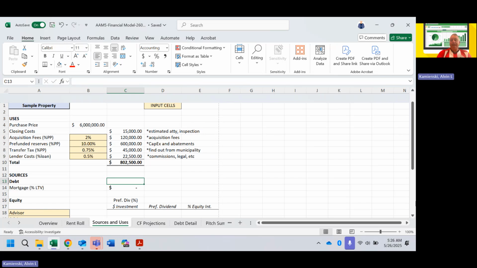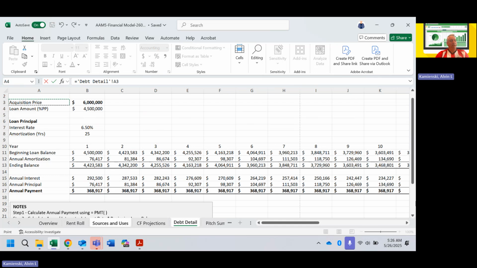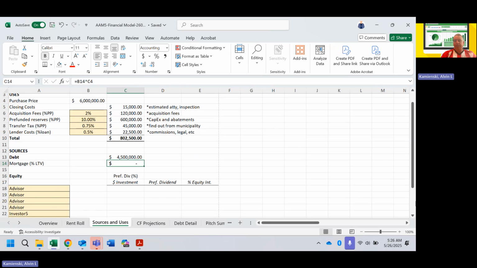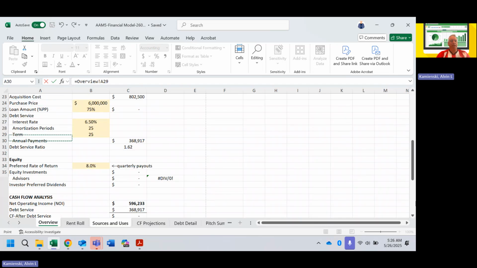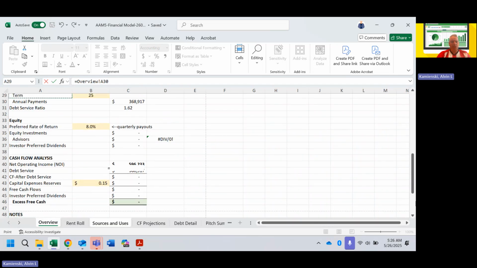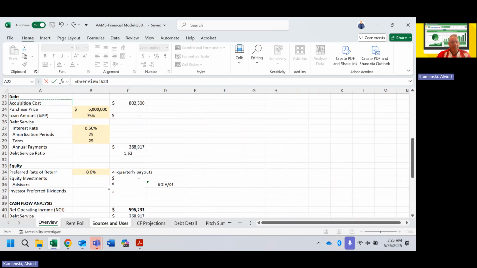How much is our debt? Equals off of the debt detail page. We said over here we were borrowing 4.5 million because our mortgage on a percent of loan to value is equal to, we already used it on the overview page, we're using a 75% loan amount.